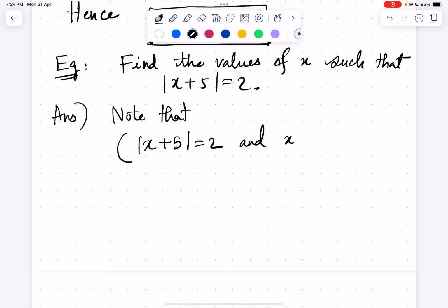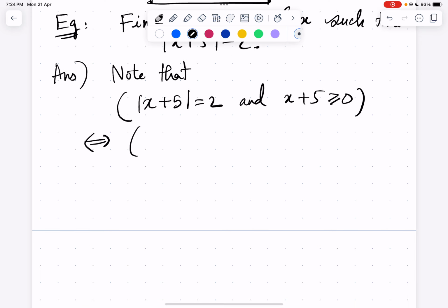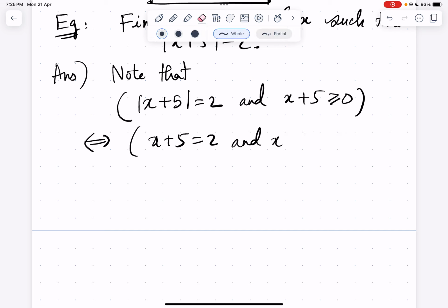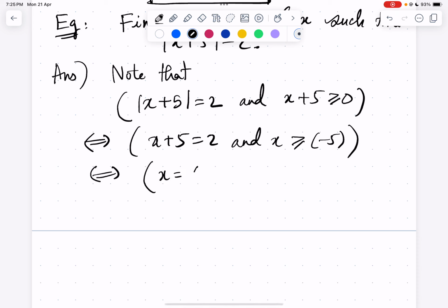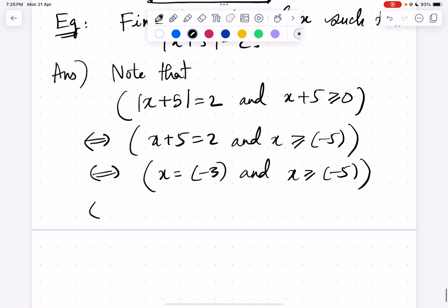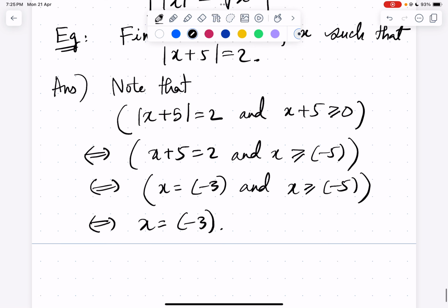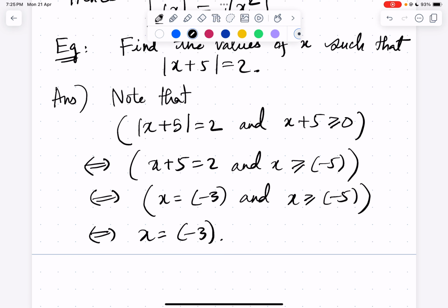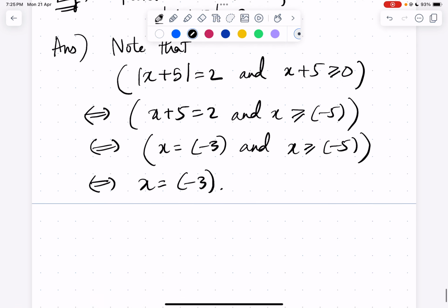So note that the statement mod x plus 5 equals 2 and x plus 5 is greater than or equal to 0 can be simplified as x plus 5 equals 2 and x is greater than or equal to minus 5. This is same as x equals minus 3 and x greater than or equal to minus 5, which is same as saying x equals minus 3.